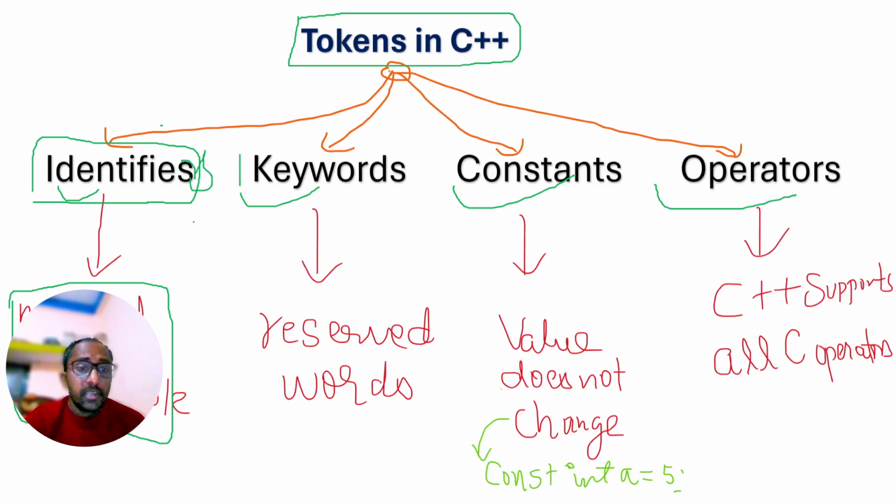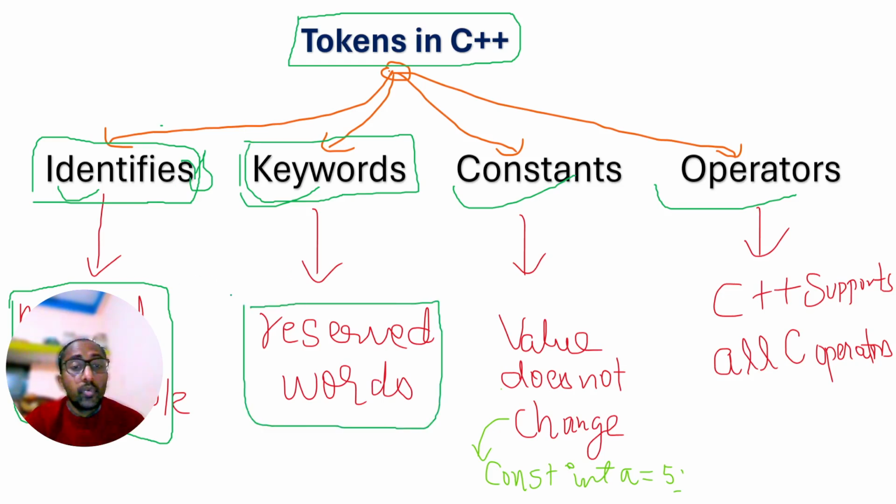And keywords in the C++ programming language are reserved words. We cannot use keywords as identifiers or as the name of any variable, because their meaning is already known to the compiler and is already reserved.